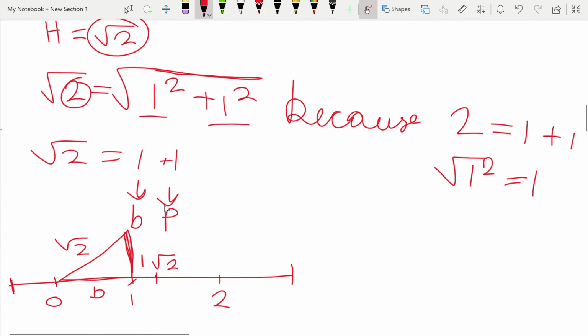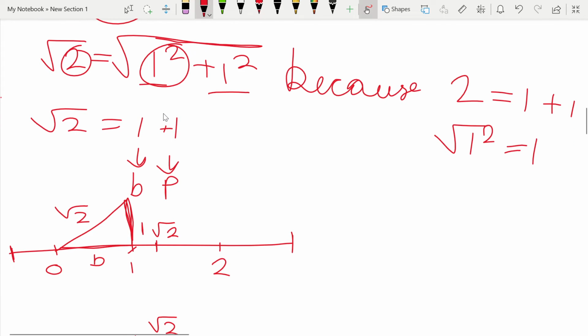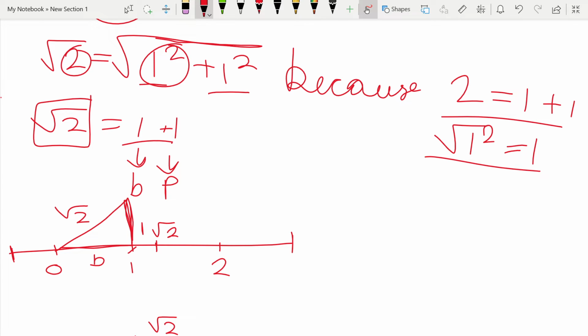Because 1 square is equal to 1, it won't make a difference. So under root 2 is under root of 1 plus 1, because 2 is equal to 1 plus 1. Okay? Got that so far?